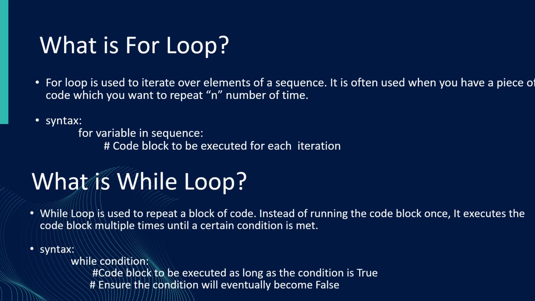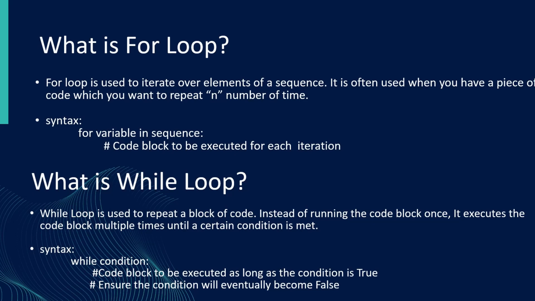Suppose we have a list, and in that list we have the elements from 1 to 50. With the help of a for loop, the loop will start from the first number and iterate to the second, then third, then fourth, then fifth.